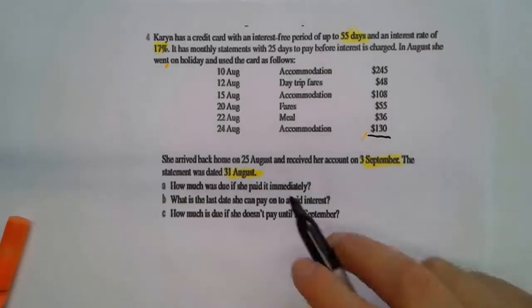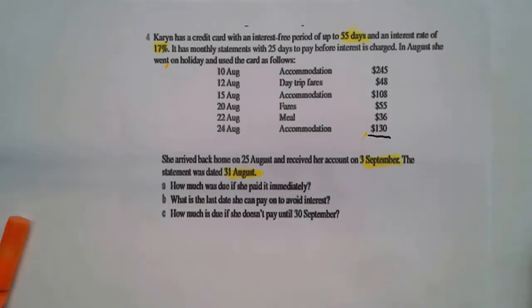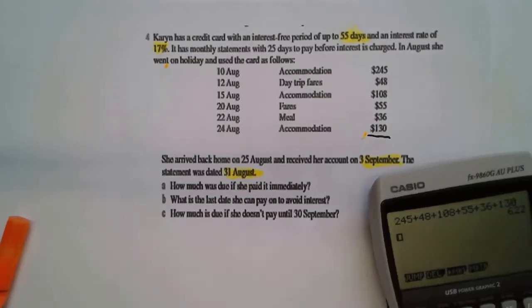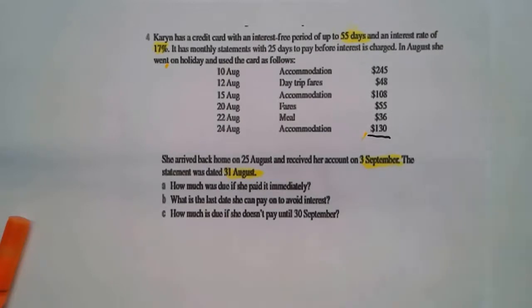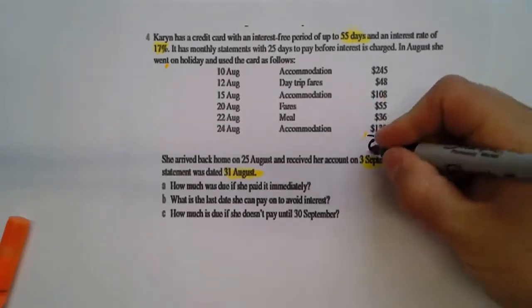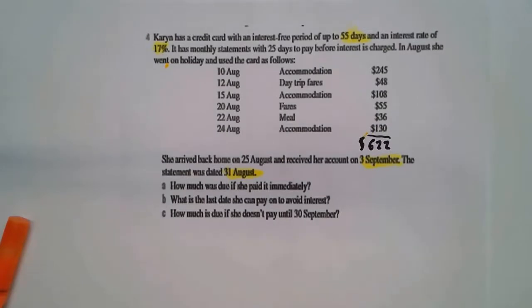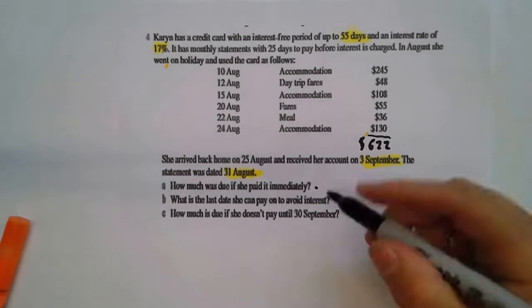No extra interest. So if we add up those, 245 plus 48 plus 108 plus 55 plus 36 plus 130 is $622. So she owes $622 if she pays it immediately.